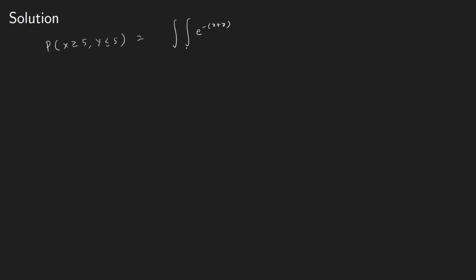So on the inside we can integrate with respect to y. So y will go from y equals 0 to 5, and x will go from 5 to infinity. First we are integrating with respect to y and then dx.